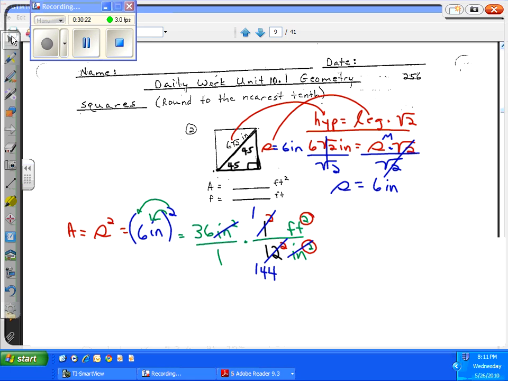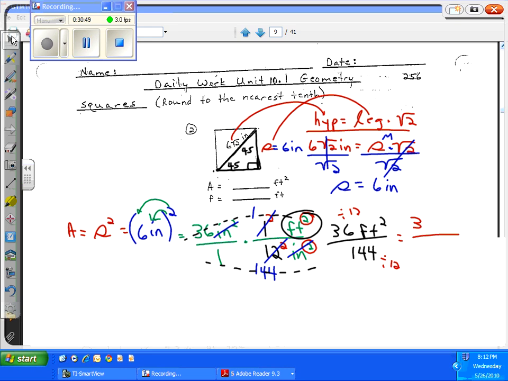We're losing the name square inches. So we multiply 36 times 1 is 36, and we're gaining the name square feet. 1 times 144 is 144. 36 144ths. 12 will divide into both of those. 36 divided by 12 is 3. 144 divided by 12 is 12.